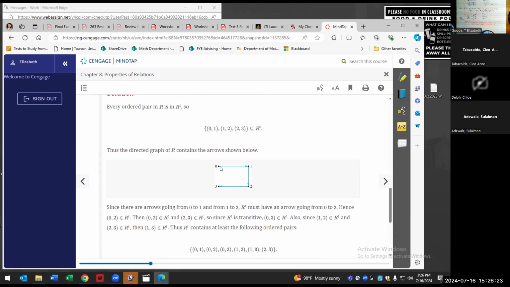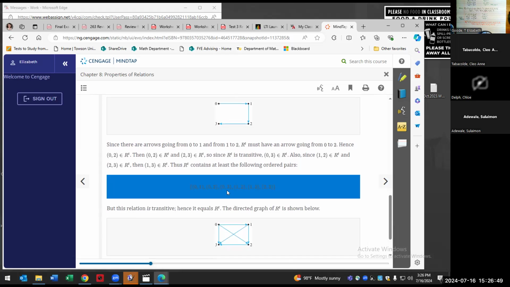So we need the shortcut edge from 0 to 2. So 0, 2 gets added. There's also a way to get from 1 to 2, then 2 to 3. So that's two sides of a triangle. We want the shortcut from 1 to 3. So 1 to 3 got added.